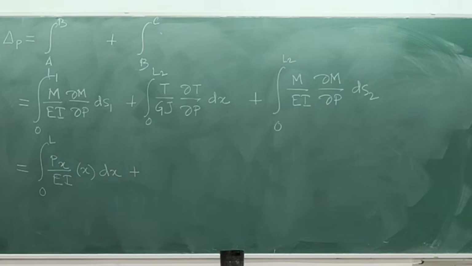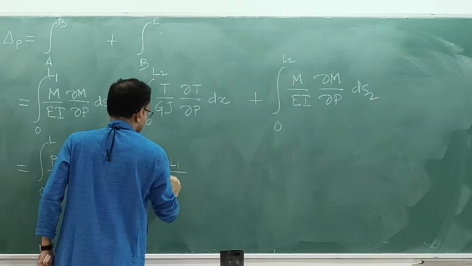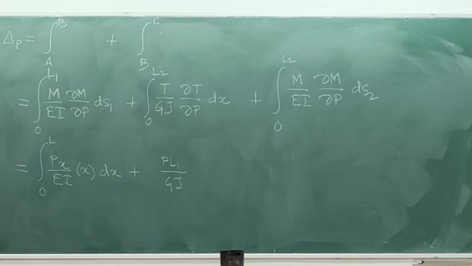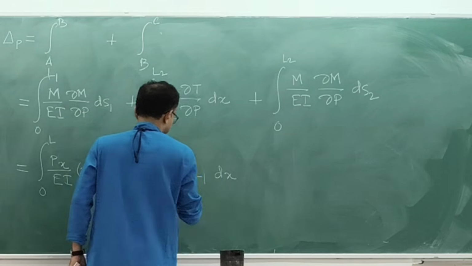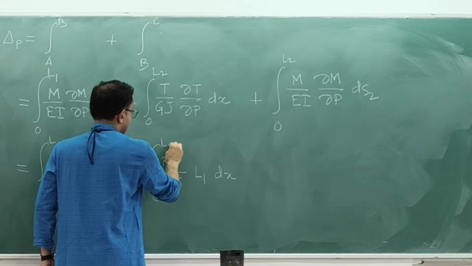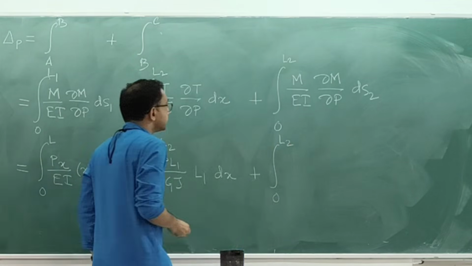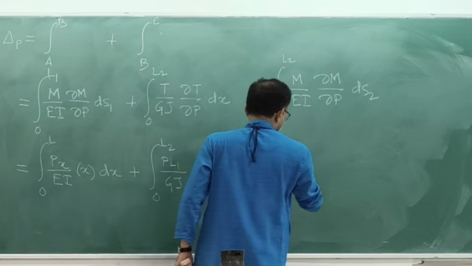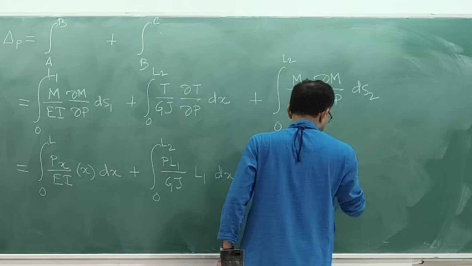We have already seen it. T is equal to PL1. Del T del P, how much is it? Del T del P is this L1 dx, plus M is what? M is again Px. And del M del P is x.